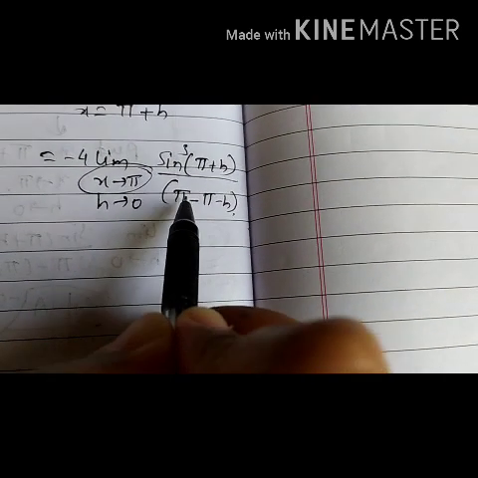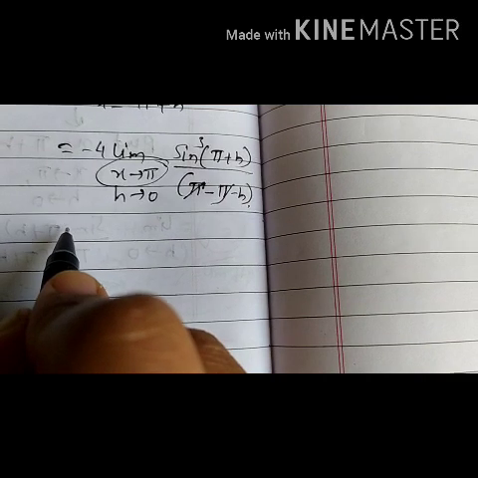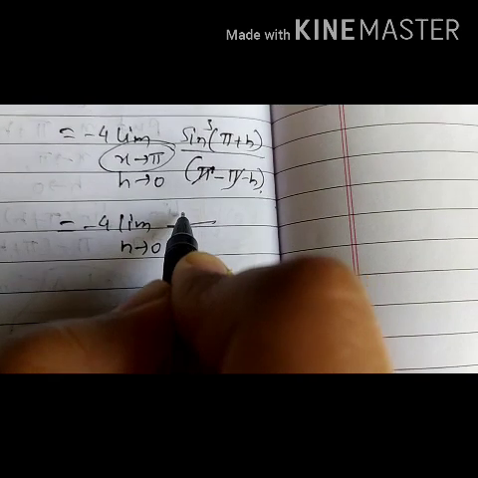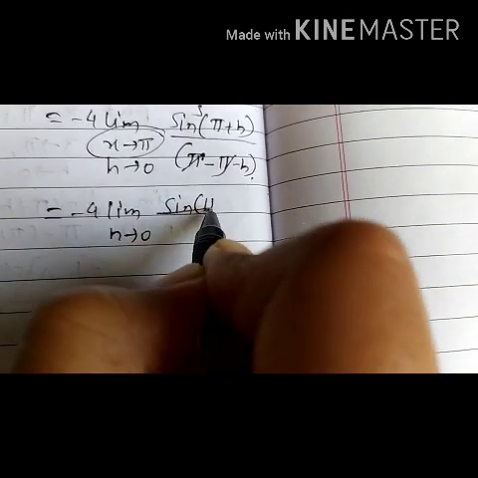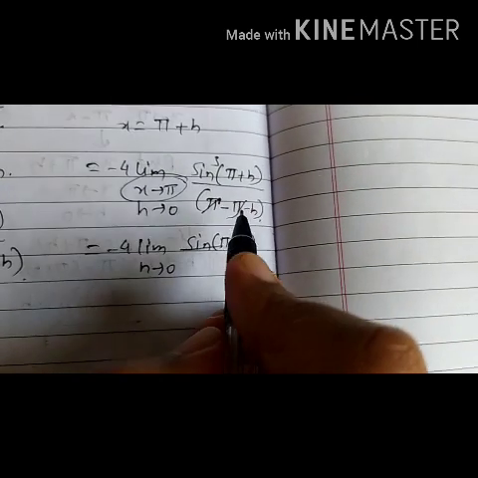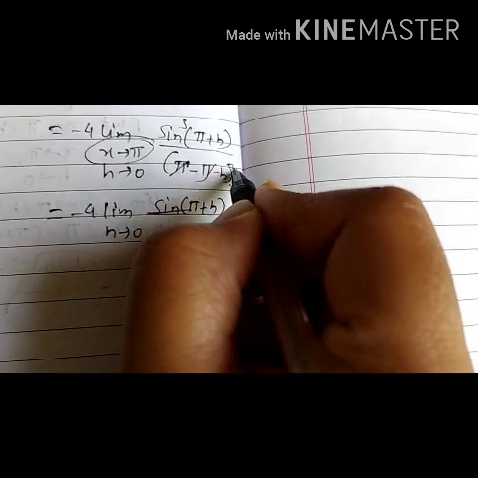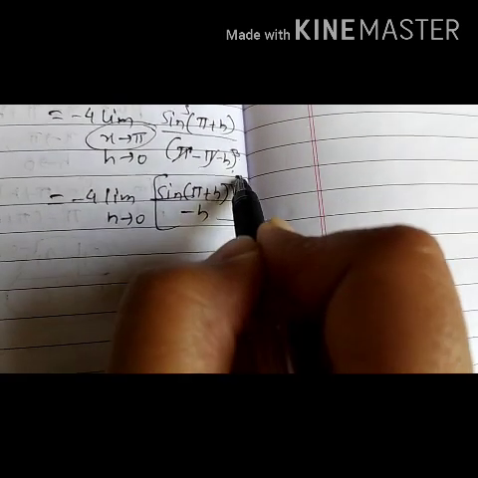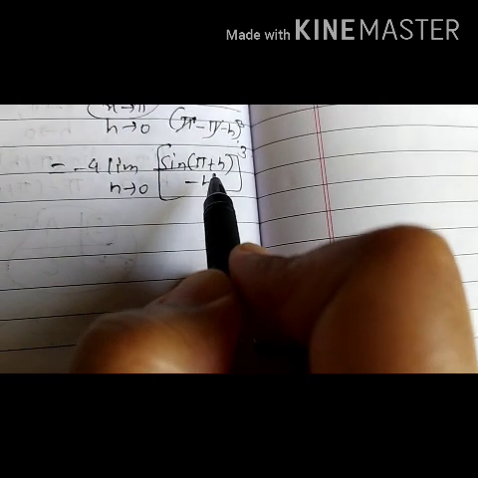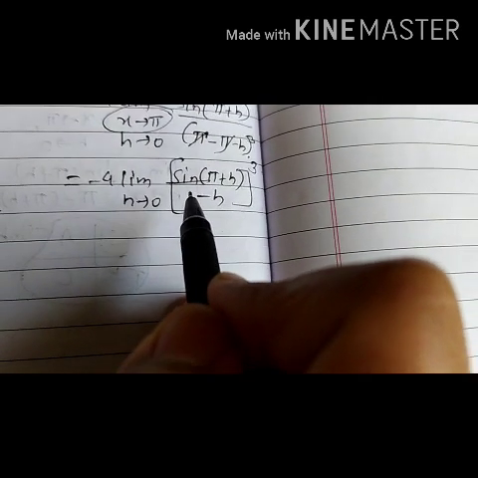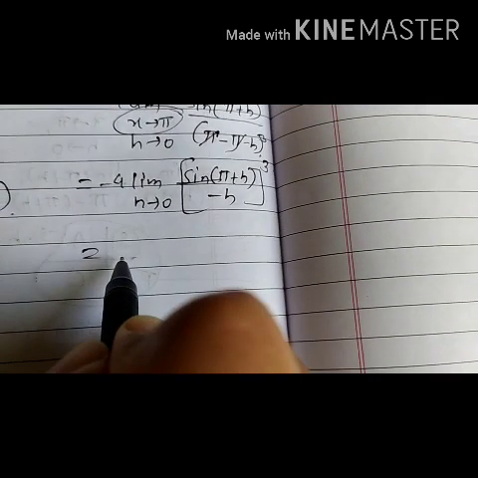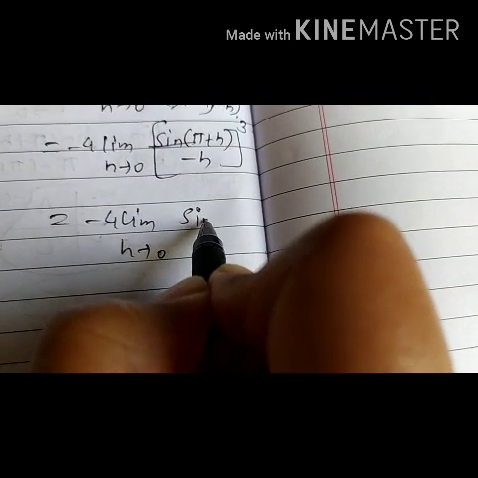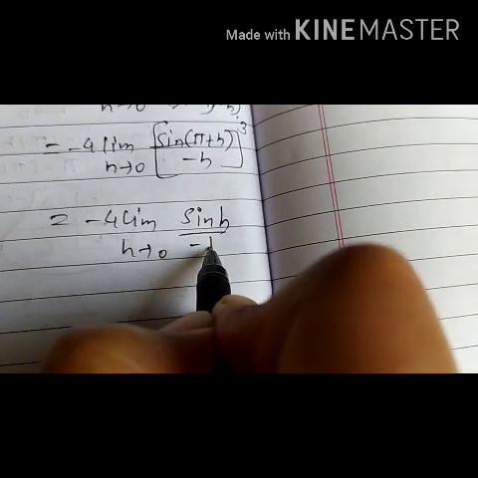So pi will get cancelled, only minus h is there. So we have minus 4 times the limit as h tends to 0 of sine of pi plus h, whole cube, upon minus h, bracket cube. Now what is sin of pi plus h? In the previous example also we have seen sin of pi plus h is minus sin h. So we can write here minus 4 times the limit as h tends to 0 of sin h upon minus h whole cube.